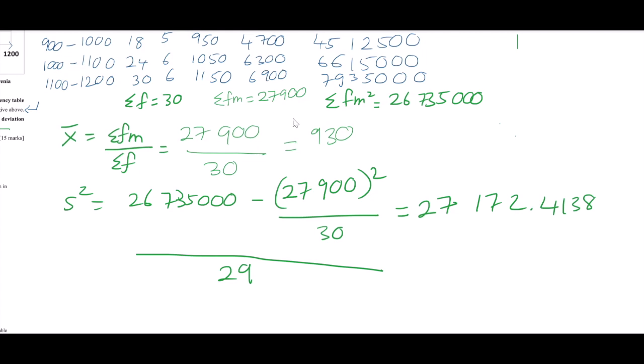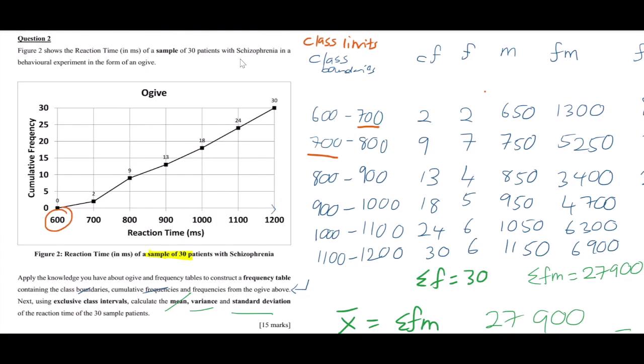Okay, and everyone knows that the standard deviation is simply the square root of your variance. So the answer would be 164.8406.